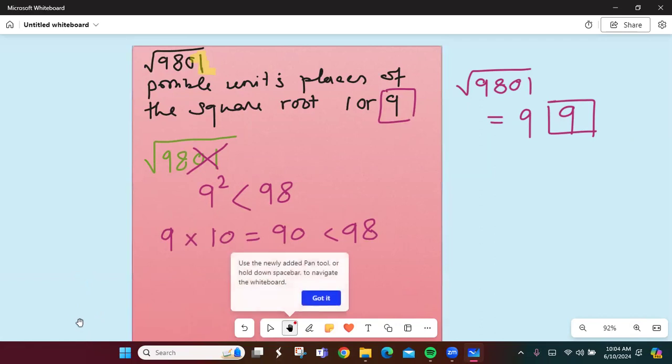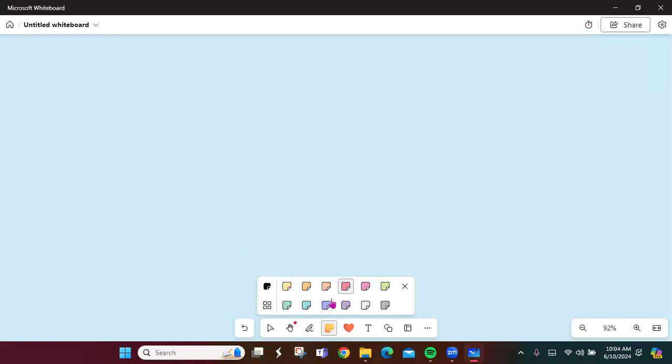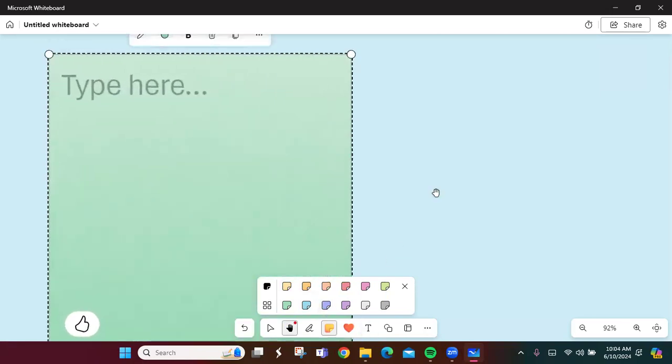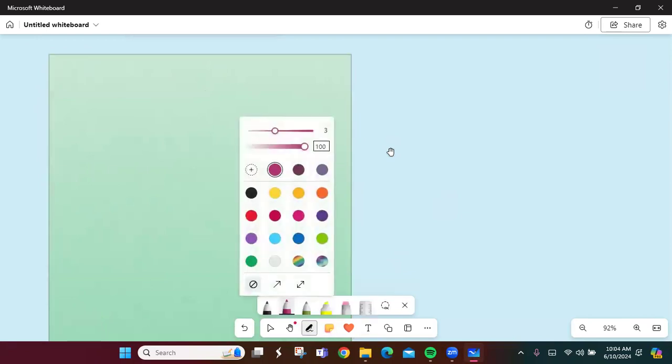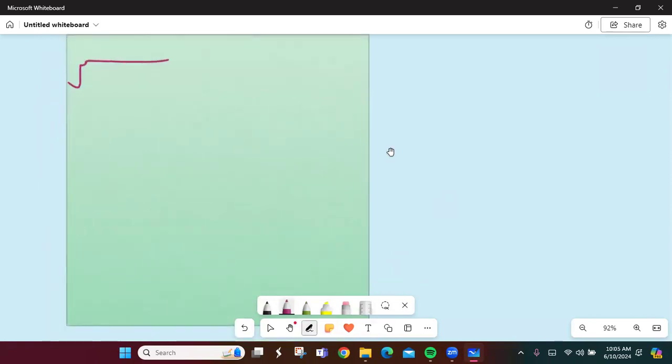Let us come to the next problem. Now, let us find the square root of 10,404. Again, see the units place here, 4.